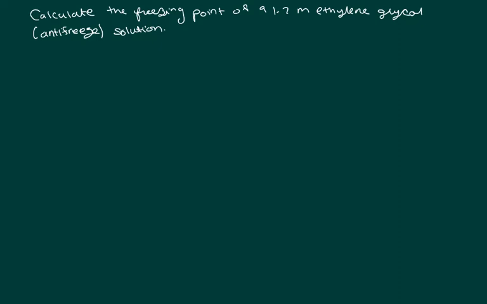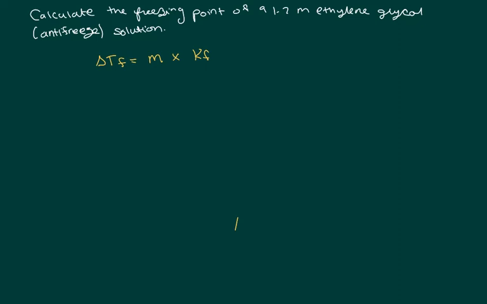You've seen in the previous slide that your delta TF, which is your freezing point depression, the change in temperature of the freezing point in degrees Celsius, can be figured out by taking your molality times a KF, which is the freezing point depression constant for the solvent.